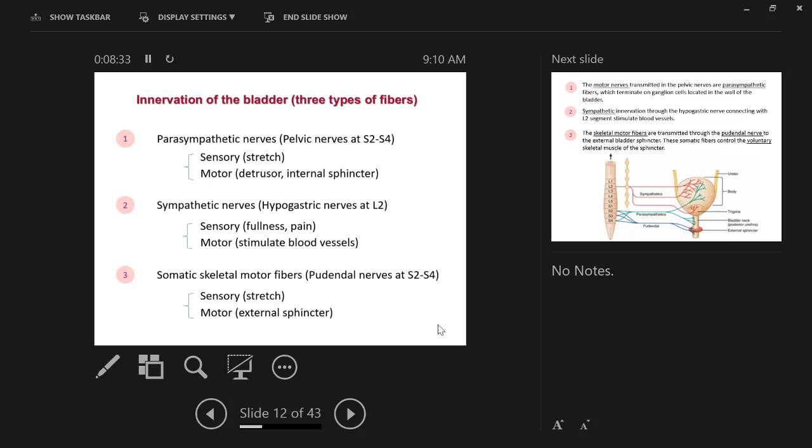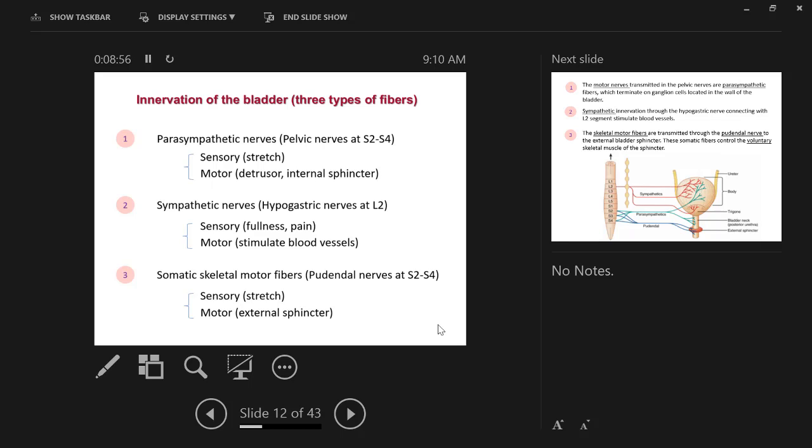So the nervous system is very important for the control of micturition. There are three different nervous systems innervating the bladder. The first one is the parasympathetic nerve coming through the pelvic nerve.